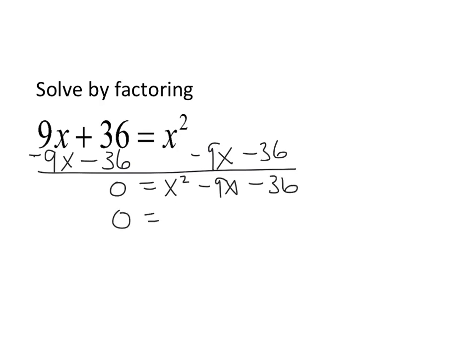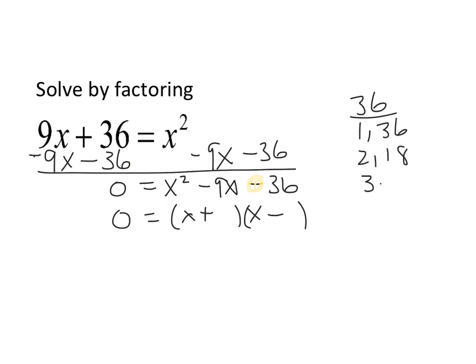This time when we factor, because the sign of the constant is negative, that tells me my signs are going to be different in the parentheses. So one will be positive, one will be negative. Factors of 36 that give me -9: well, remember 36, you have 1 and 36, 2 and 18, 3 and 12, 4 and 9, 6 and 6.